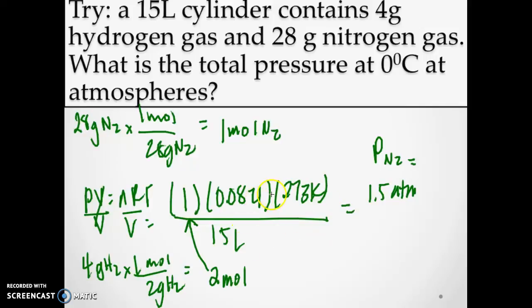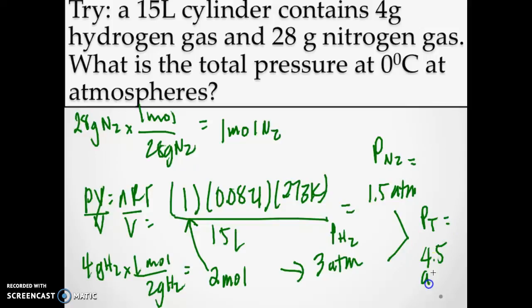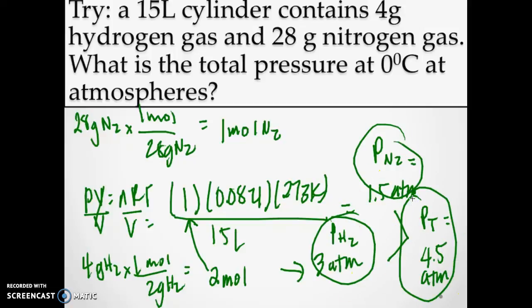And then when you solve for that, you should get 3 atmospheres. Okay, and this is the partial pressure of H2. And when you add these two together, then you get the total pressure, which is 4.5 atmospheres. Okay, so this is your answer.